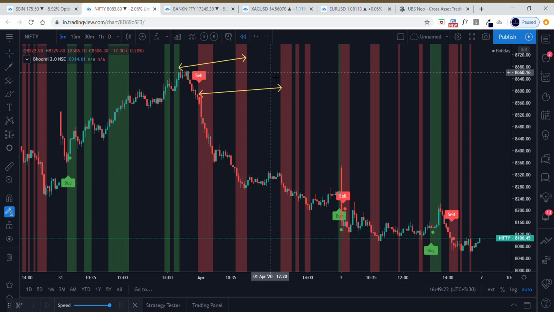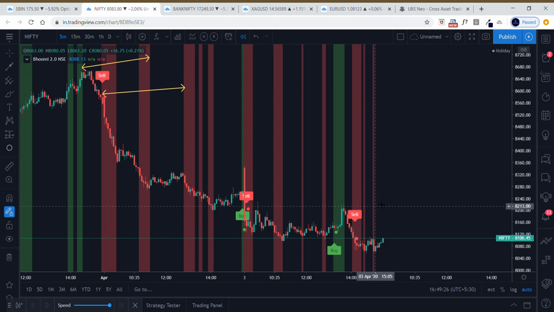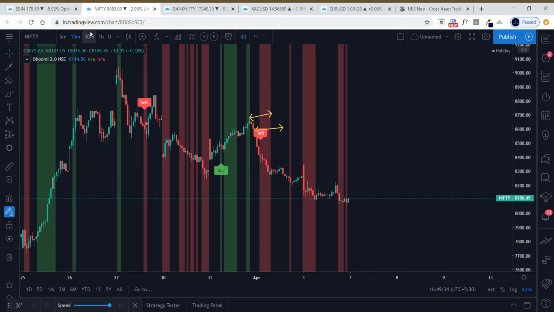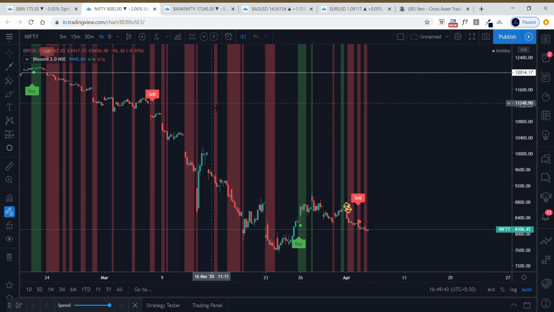Just take this, and you'll always be in profit. And if I see a green zone here after this red zone, I'm definitely going to take a buy shot on Nifty here. The same thing with the 15 minutes. Whatever time frame you are comfortable with, and if you have any other doubts, you can always contact our WhatsApp number.